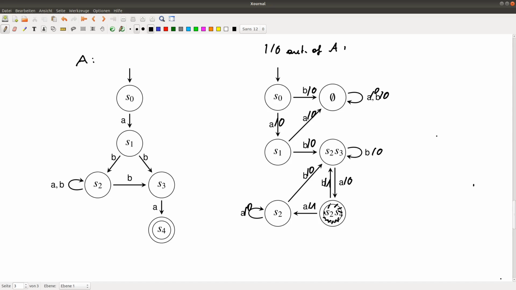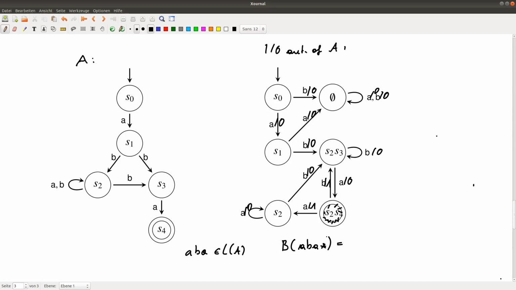So let's have a look what this means for a word that is accepted by A. For example, ABA is in the language of A. And if we want to check if ABA is in the language of A, by taking a look at the I/O automaton, we have to check the output for ABA plus an additional symbol. I just write a star here because it doesn't matter which symbol we're considering.